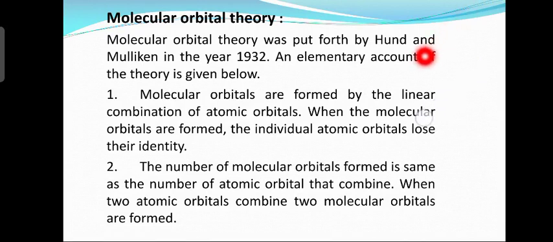The molecular orbital theory. So we shall move to molecular orbital theory. This theory was put forth by Hund and Mulliken in the year 1932. What are the postulates of molecular orbital theory? The first postulate says that molecular orbitals are formed by the linear combination of atomic orbitals.